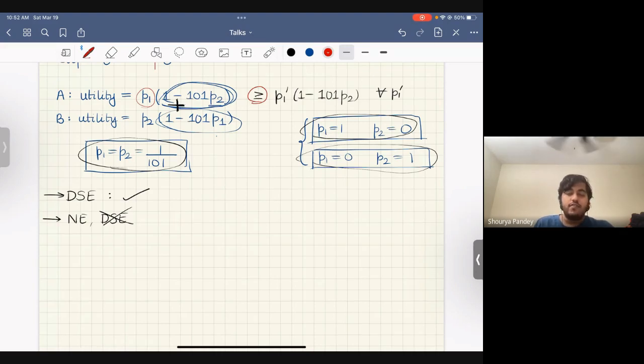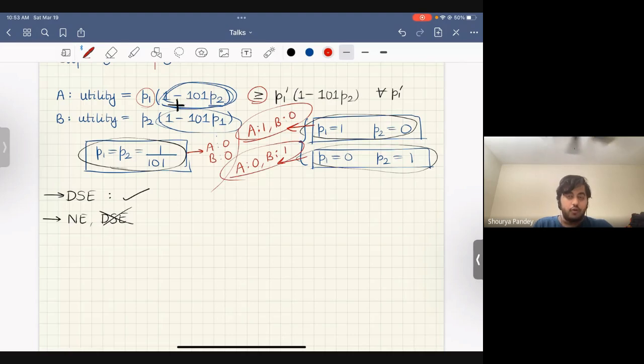And even if they could, it's not clear which strategy to follow, because for example, this strategy gives utility of 1 to A and 0 to B, while this strategy gives a utility of 0 to A and 1 to B, while this strategy just gives an expected utility of 0 to both, right? And so it's not clear which of these to follow.